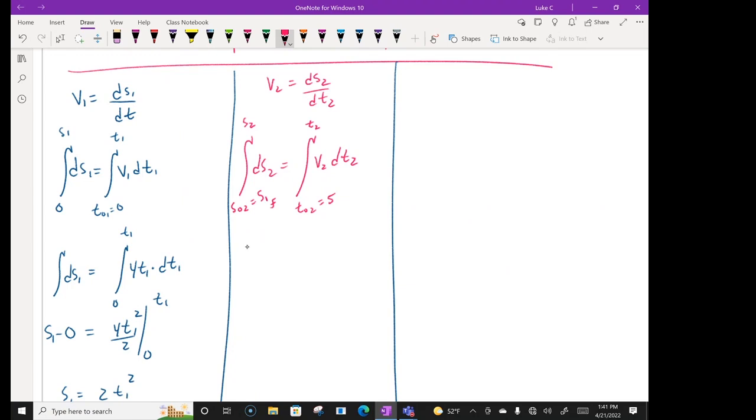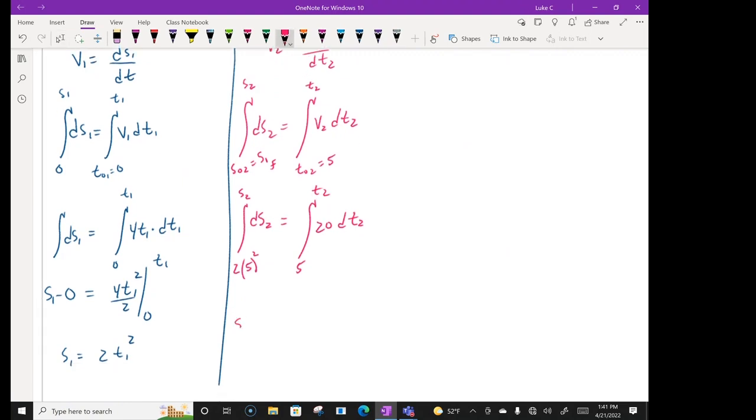So I'm going to put it down here. I may erase this line. What's the final value? It'd be 2 times T1, which is 5 squared, ds2. And I think this was 20, right? From 5 to T2. So this is S2 minus 25 times 2, 50, equals 20 T2 from 5 to T2.